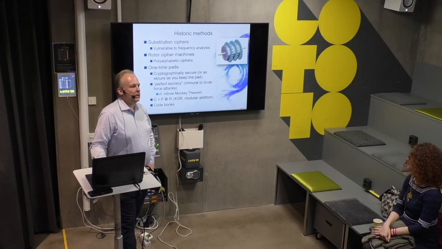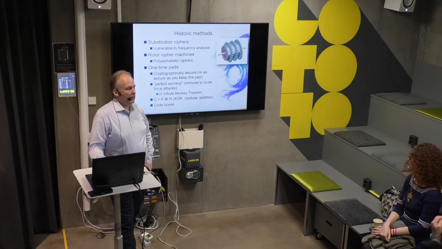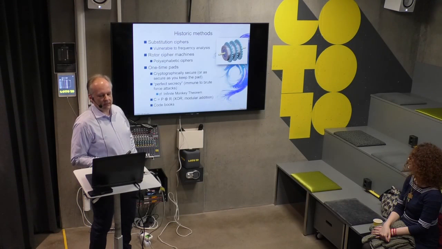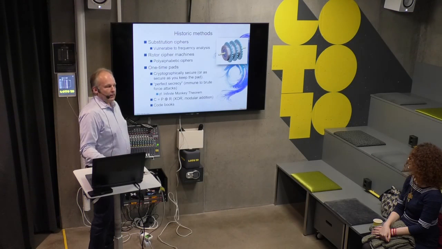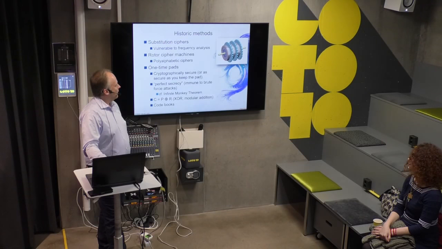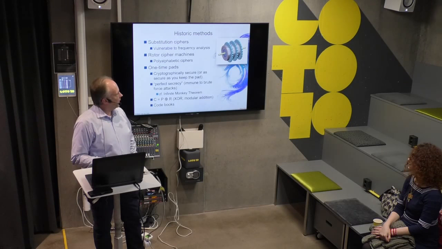Obviously, cryptography comes from the Greek words for hidden and writing. And how do you write so that no one else can read? It's a very old branch of mathematics or technology, however you want to look at it.